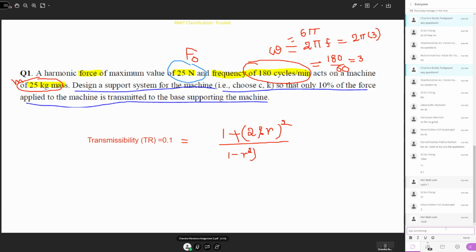So make sure you write the equations correctly. Plus 2 eta r, whole square. Okay, the entire thing is under square root.